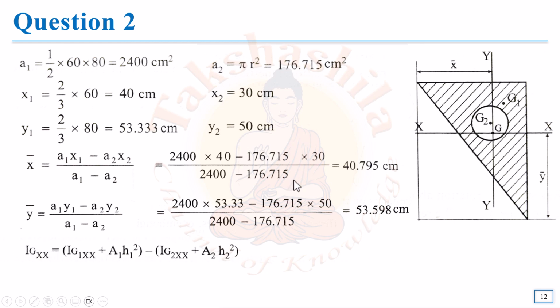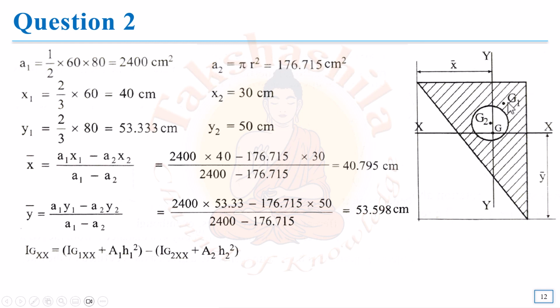Now what we have to do? Now it is very simple. You take each individual shape. For example, I will first of all take this triangle. I can draw a centroidal x-axis passing through G1, and I can calculate the value of moment of inertia of this triangle about that axis.